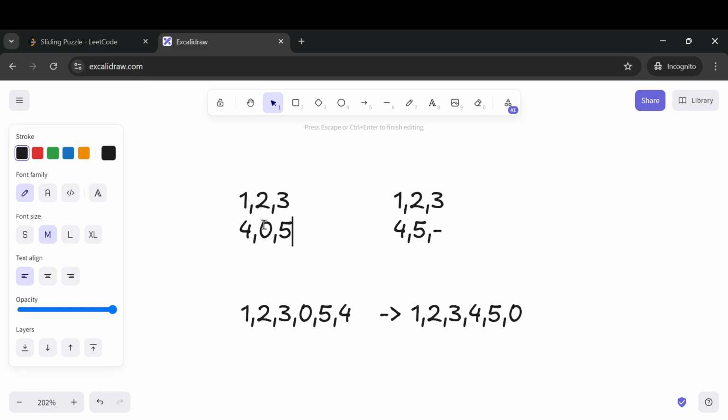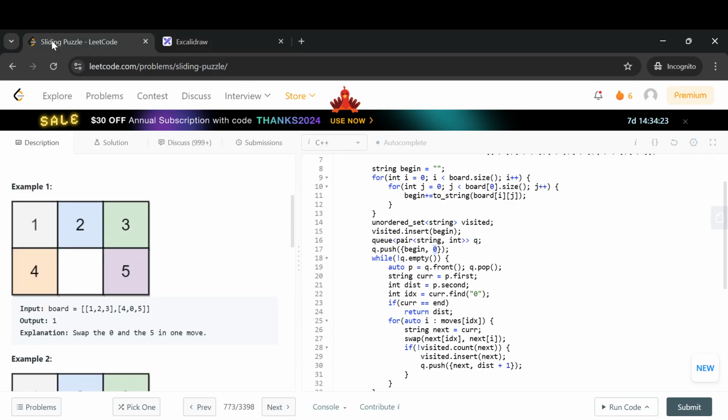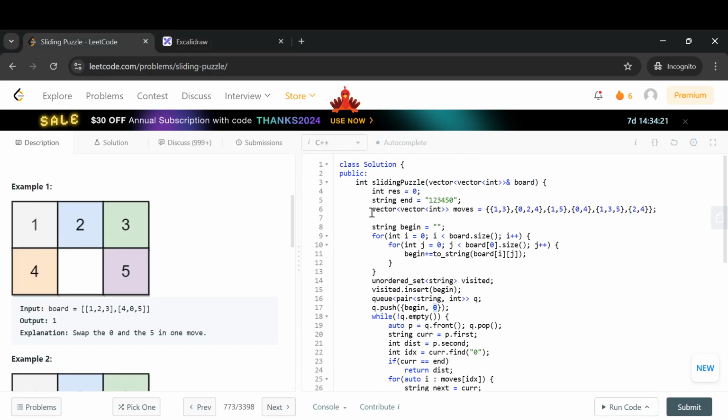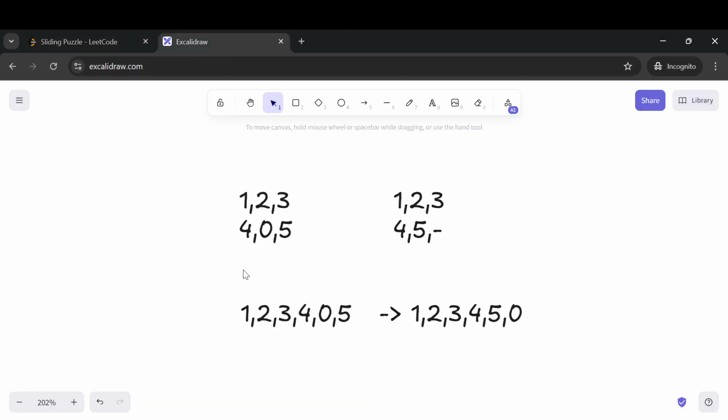So the first thing that we want to do is find the location of 0, find the index of 0, and let me copy down the all possible direction array that is being created as well.